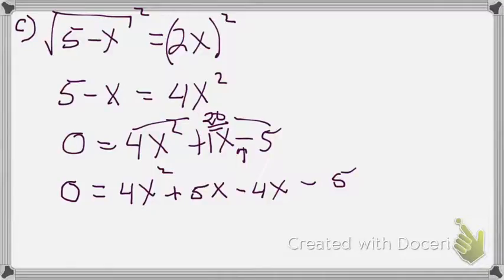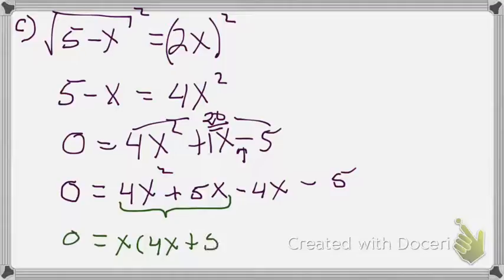Now I can factor the groups. Common factor between 4x squared and 5x is x, and that's times 4x plus 5. Now a common factor between minus 4x and minus 5 is minus 1, and that's 4x plus 5.